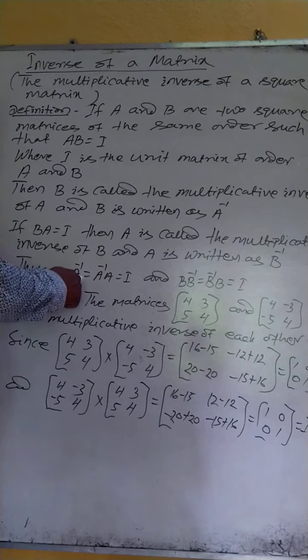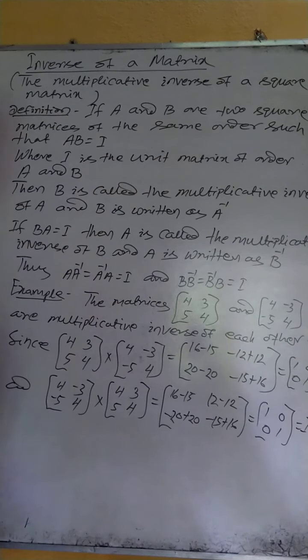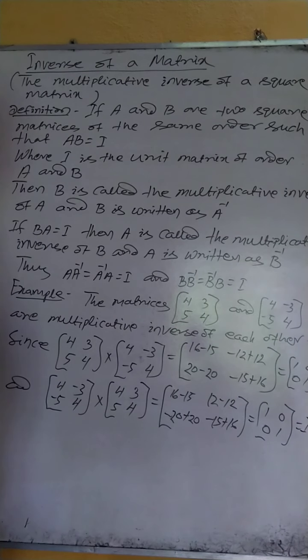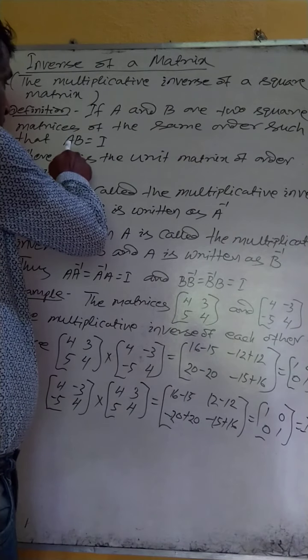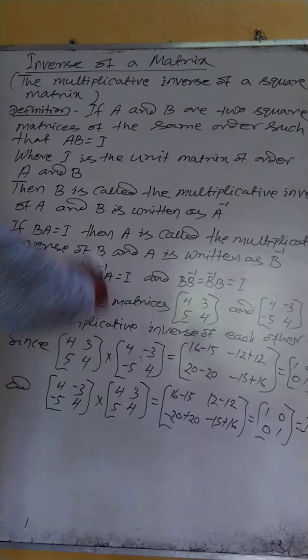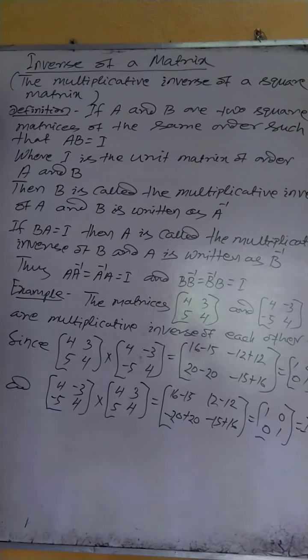So A into A inverse is equal to A inverse into A is equal to I. B into B inverse is equal to B inverse into B is equal to I. So AB equal to I means B is the multiplicative inverse of A. BA equal to I means A is the multiplicative inverse of B.